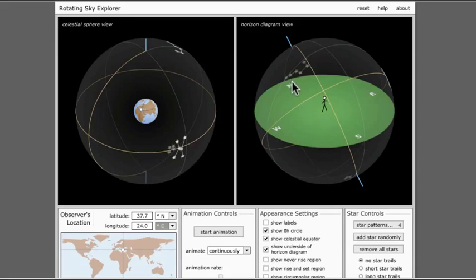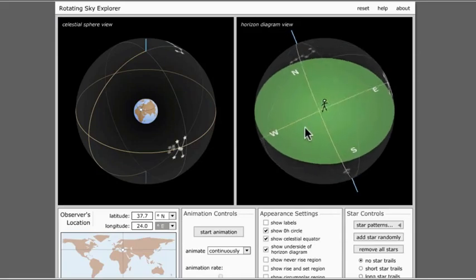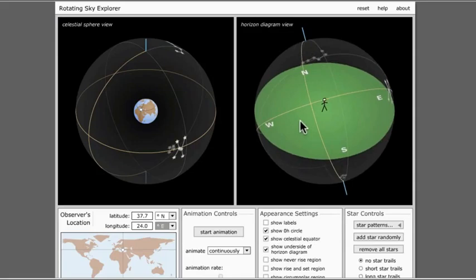We see his horizon, his northern horizon over here, and this is the half of the sky that the observer will see. And as we begin our animation, I've also drawn a few star patterns on the celestial sphere. We see here the Big Dipper near the North Pole, Orion near the equator, and near the southern celestial pole, the Southern Cross.